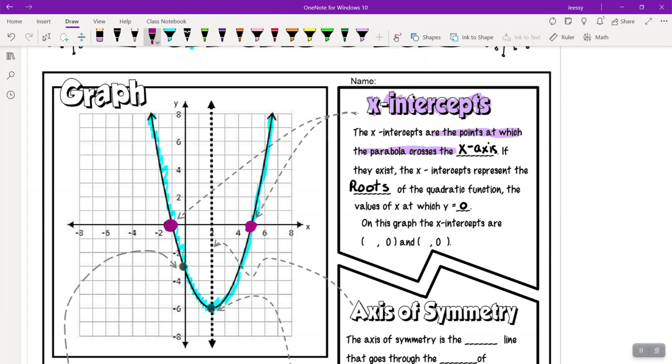If you follow the dashed line, you'll see it is trying to tell you which ones are the x-intercepts. So the x-intercepts for this problem are (-2, 0) and (5, 0).